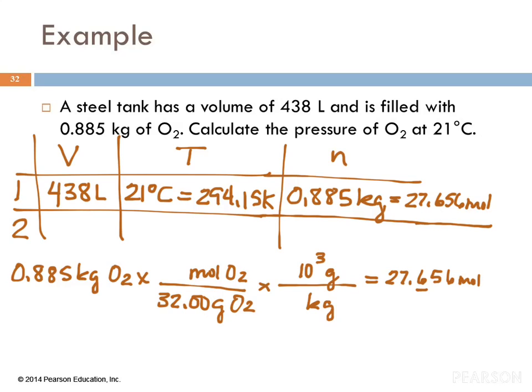And we made the table, because that's what I told you to do. But what's funny about this table? There's no second row. And what are we trying to find? The pressure.